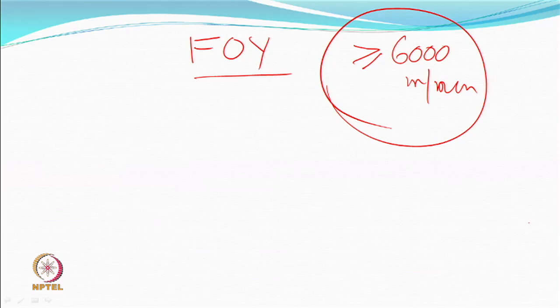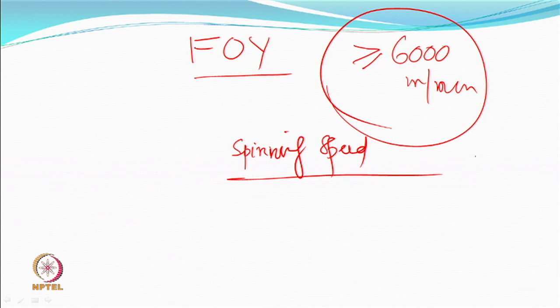Anyway, FOY is at 6000 meters per minute, that is the spinning speed. This is too high, people do not use that, and you can say, well, why can't we use that? That is not done.